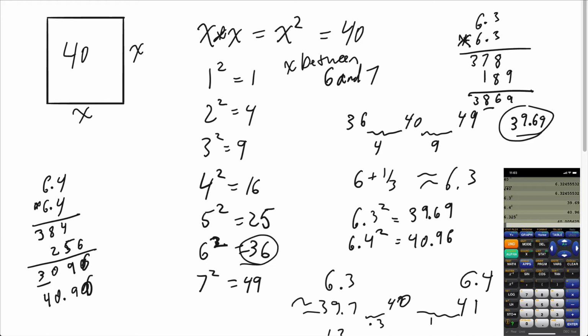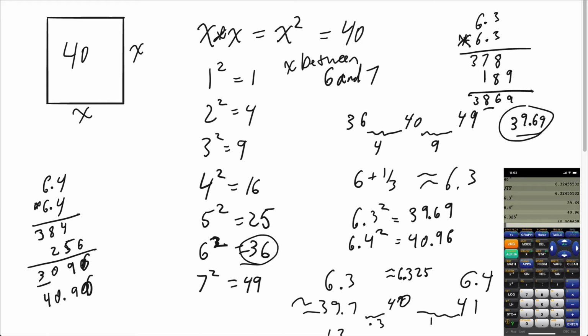So it's 1 step for 3 steps, or 1/4. So we do 1/4 of the distance between 6.3 and 6.4, or try 6.325.